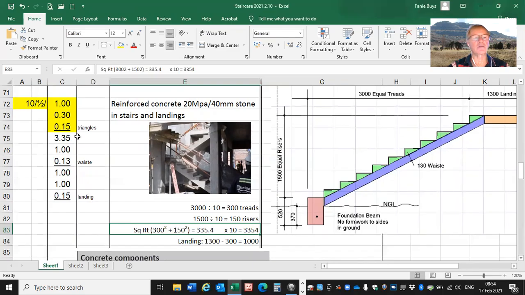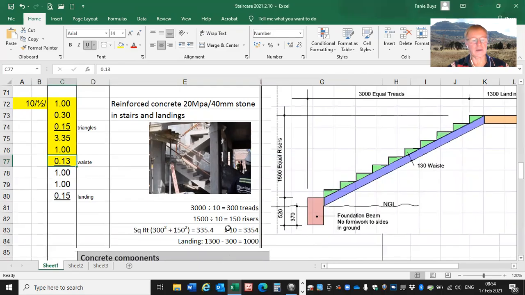So that's where I get the length of that waist, times the width of the staircase, 1 meter. And thirdly then is that thickness. The formula for a parallelogram is the base length times perpendicular height, and that is given there as 0.13.